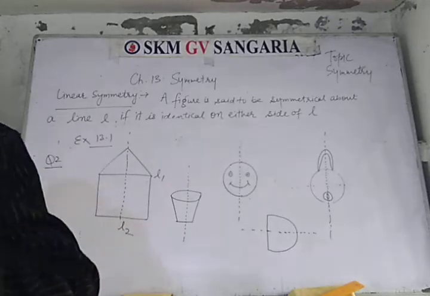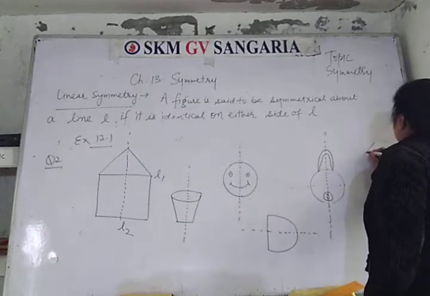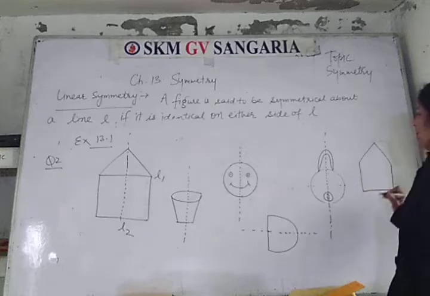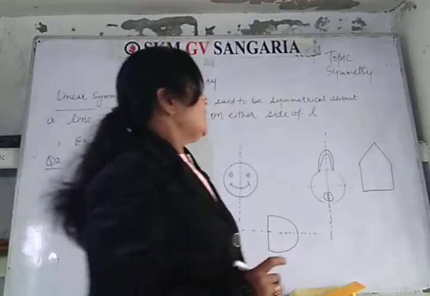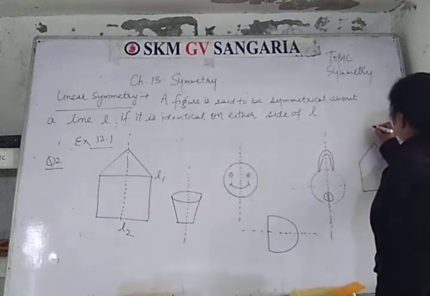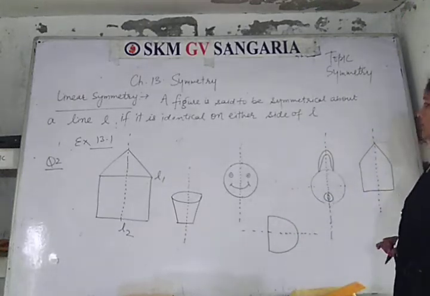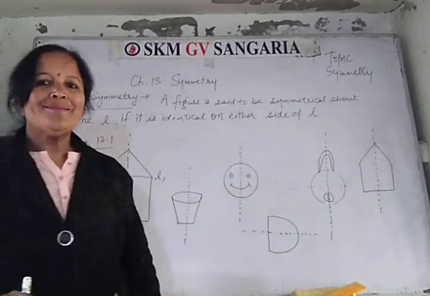In F figure it is a pentagon. A closed polygon made up of 5 line segments is called a pentagon. So one line of symmetry is possible here in this way.